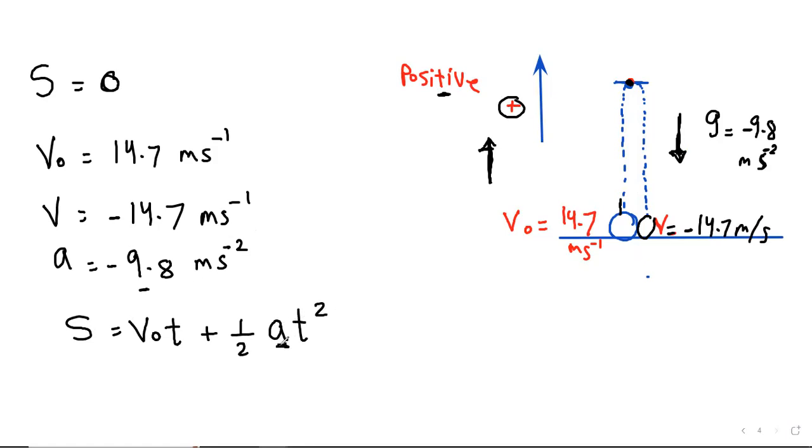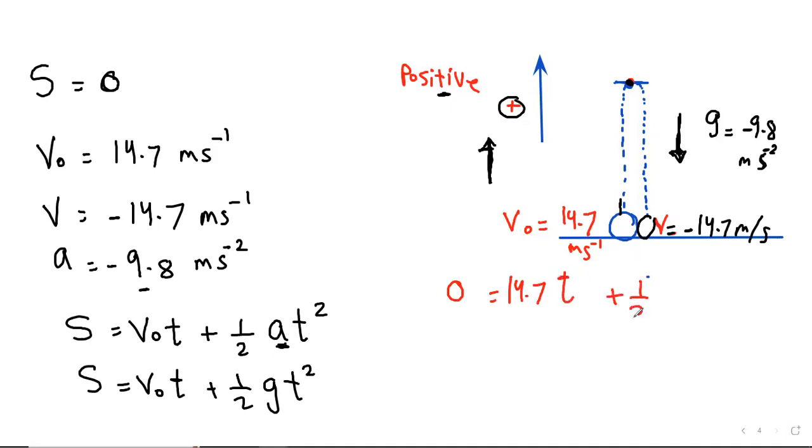And we replace A by G, so S equals V initial T plus half GT squared. Don't forget that the displacement is 0, and V initial is 14.7 multiplied by T plus half multiplied by the gravity, which, as I said, is negative 9.8, multiplied by T squared.